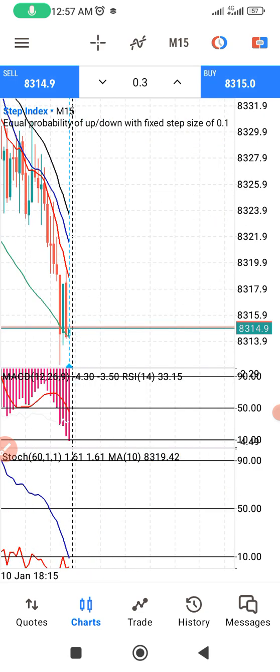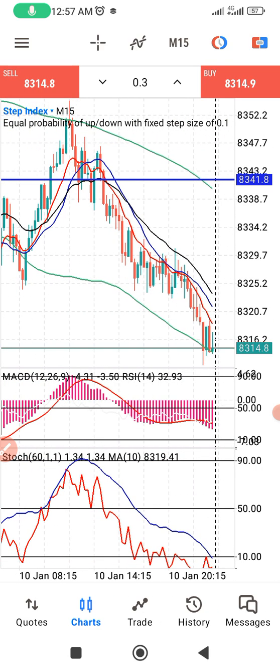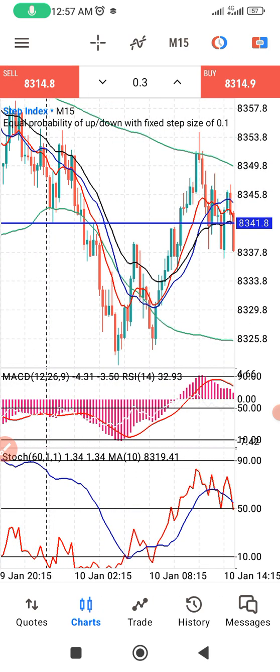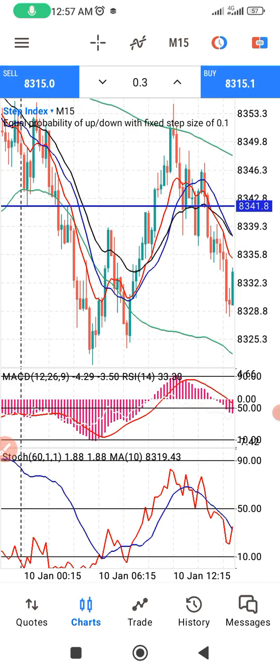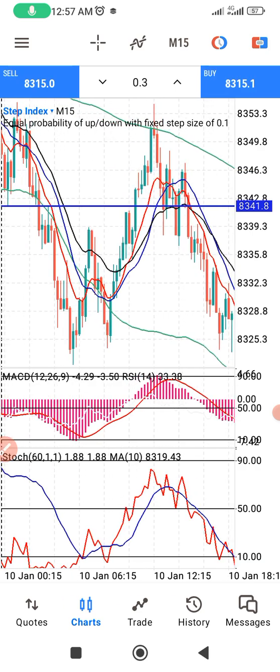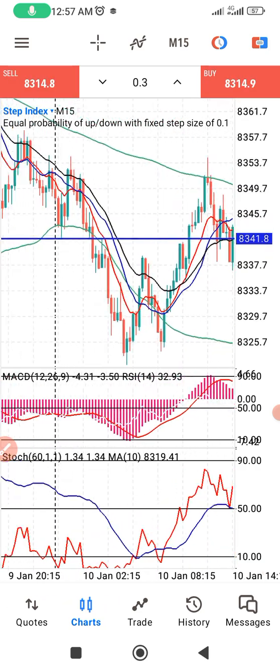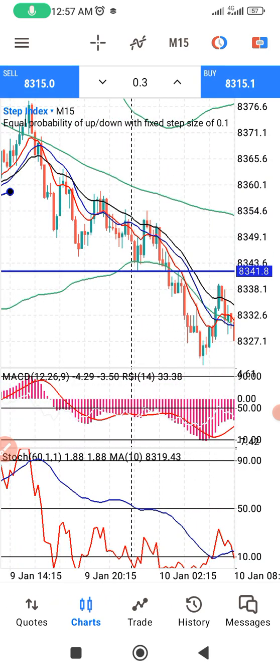So you see, like that, this thing is pretty simple and easy going. The Bollinger Band is always there to guide you.